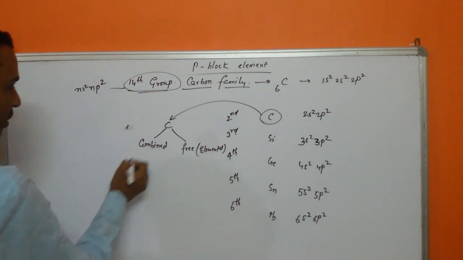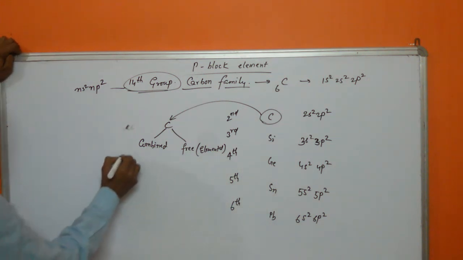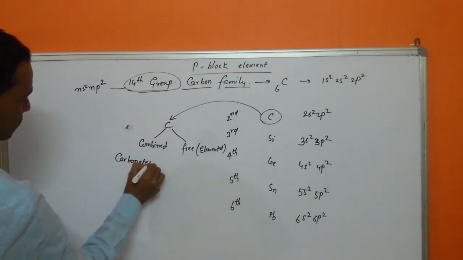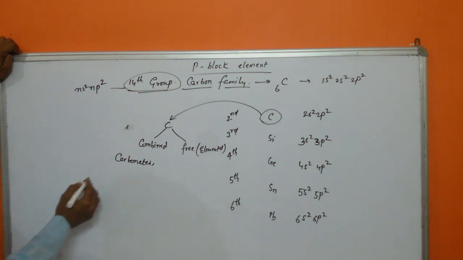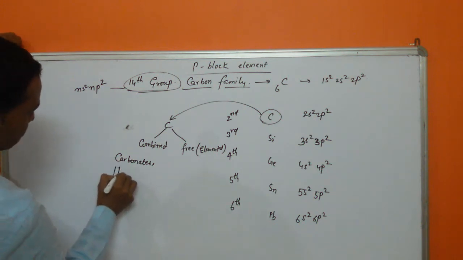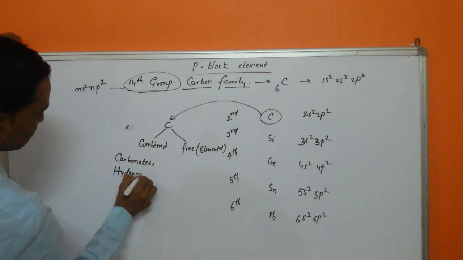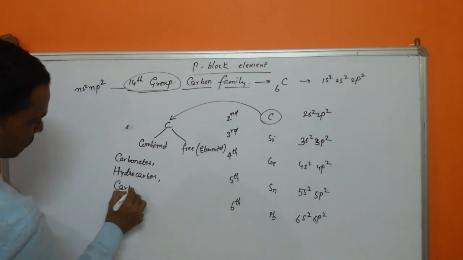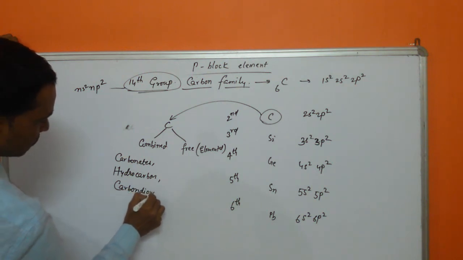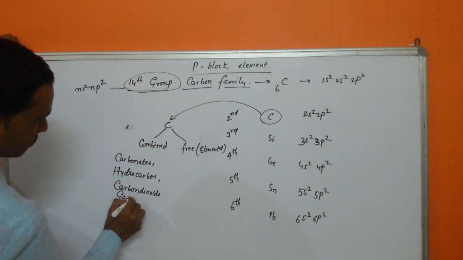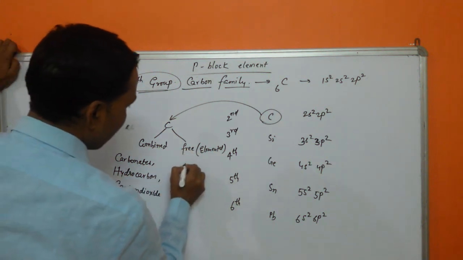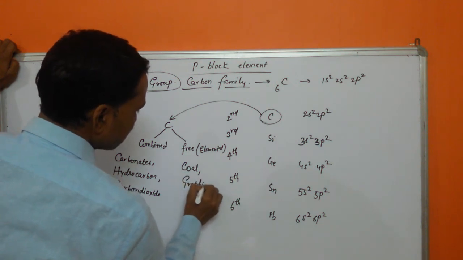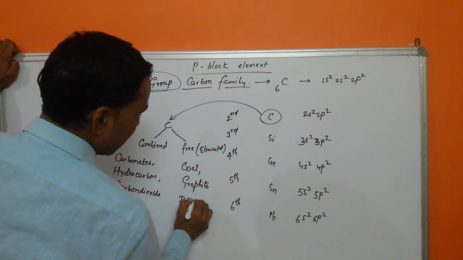In the combined state it is found as carbonates, hydrocarbons and carbon dioxide gas, whereas in the free state it is found as coal, graphite and diamond.